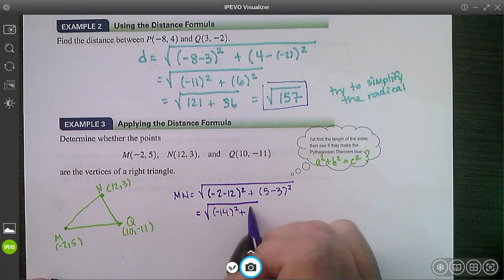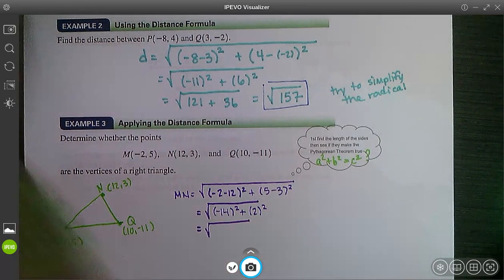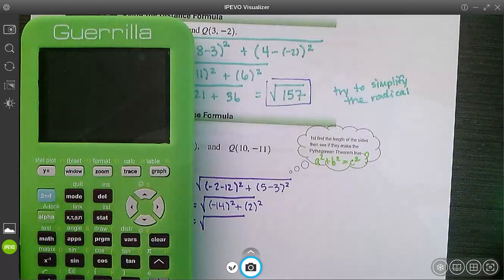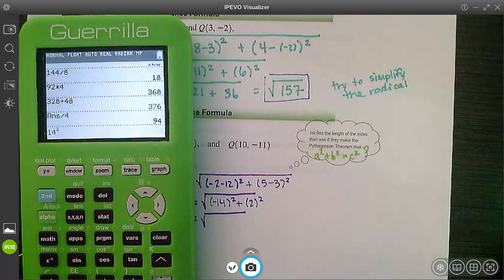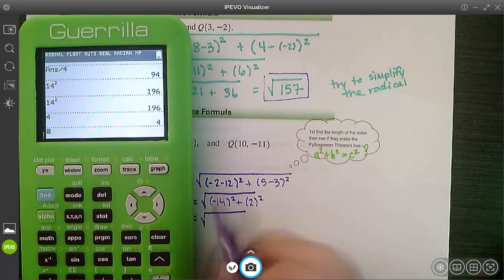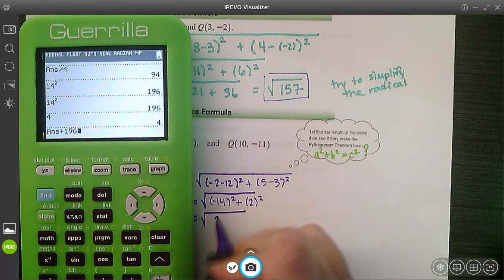And then 5 minus 3 is, of course, 2, which is going to be, I need my calculator. I think 14 squared is 196. 14 squared. Yes, 196 plus 4. So we got the square root of 200.